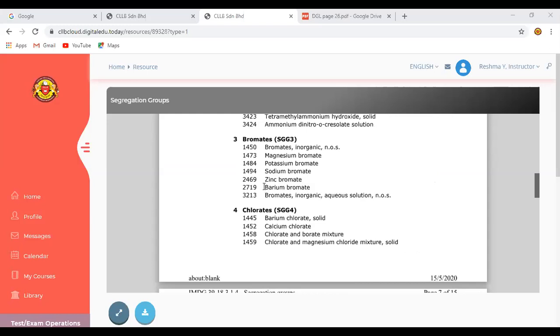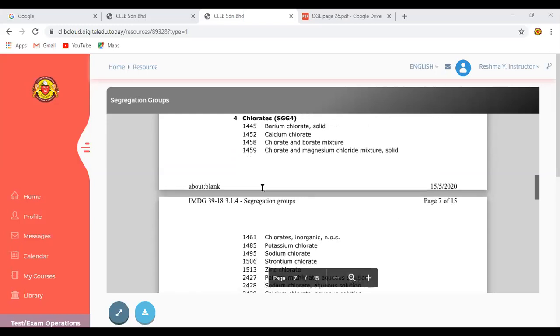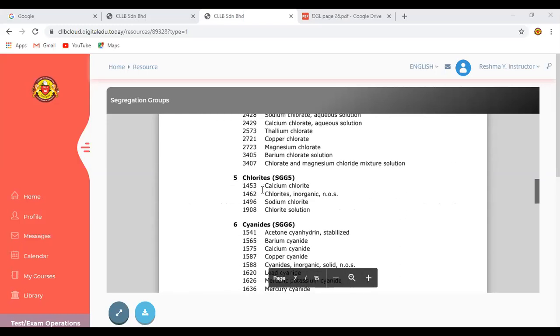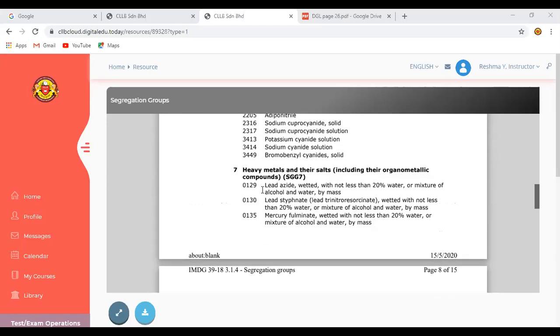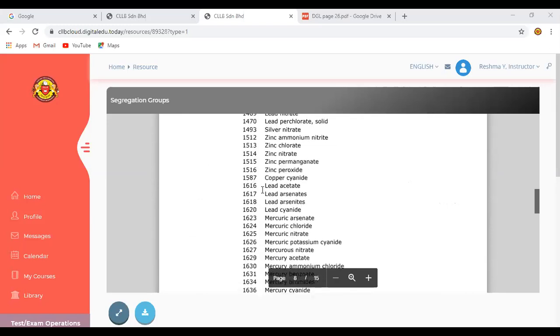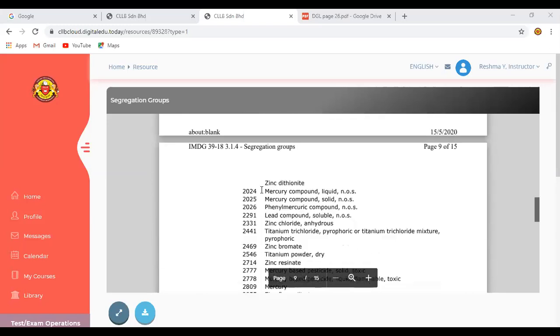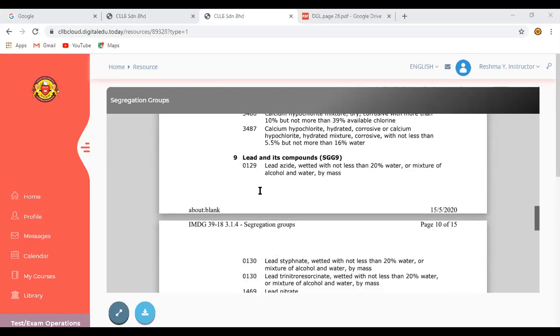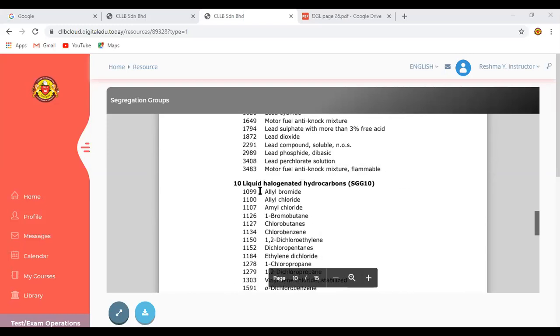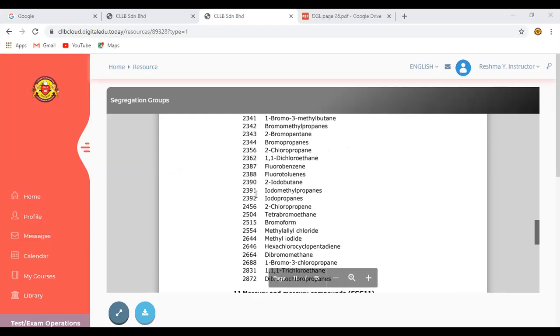And so on and so forth. So the third group is bromates, the fourth is chlorates, the fifth is chlorides, the sixth is cyanides, the seventh is heavy metals and their salts, not ACDC, yeah. And the eighth is hypochlorites. The ninth are lead and its compounds. Ten is liquid halogenated hydrocarbons.